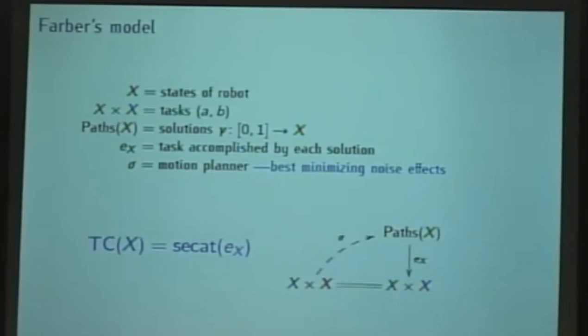Now, usually in practice, there are lots of parameters that one has to take into account, and many of them are actually out of our control. So let me refer to this as noise. One of the goals in practice is to produce motion planners that best control the problems provoked by noise.